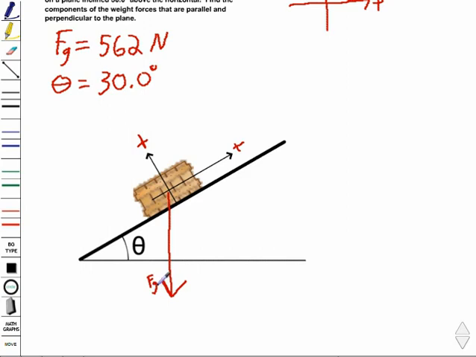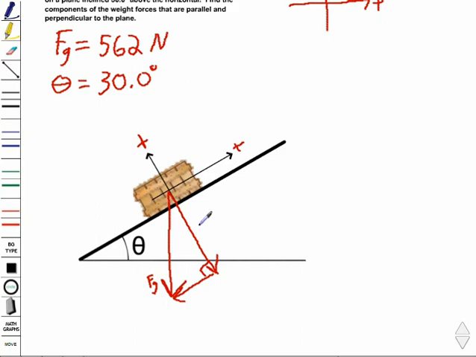So what we want to do is take this weight vector and make it into something perpendicular and then parallel to the plane. What we end up with is a right triangle, and this is called resolving the vector.